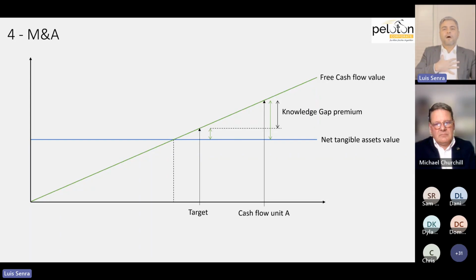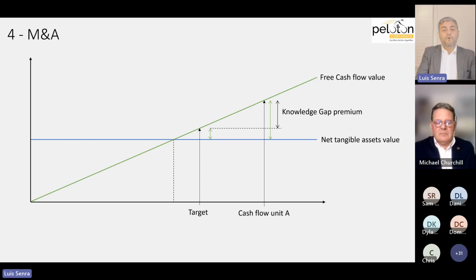If I know how to make the best pizza in town or the most profitable pizza in town, it makes sense to acquire all the pizza places. It makes sense to acquire all the assets that are inefficient. And because I have a different knowledge, a better knowledge, I can create value with those other assets. This is what needs to be behind the merger and acquisition to create value. If you don't have that, you will not create value.